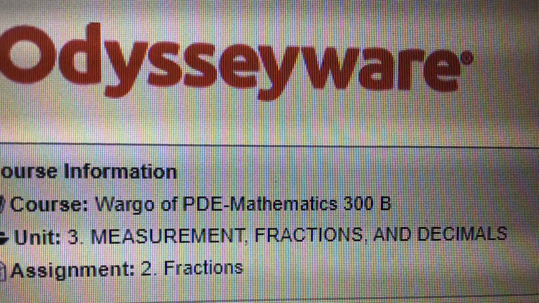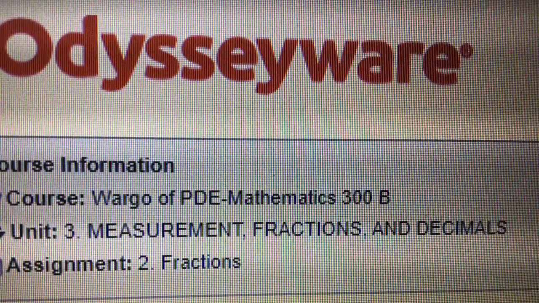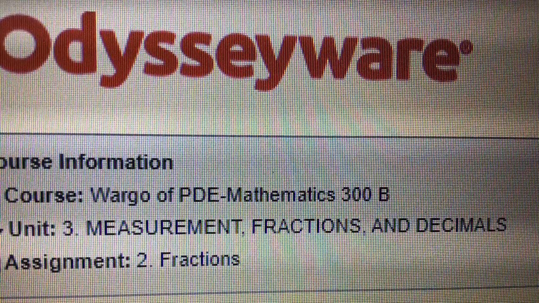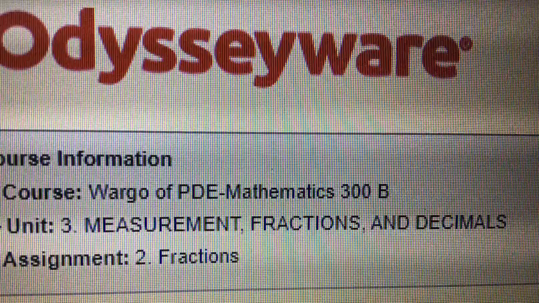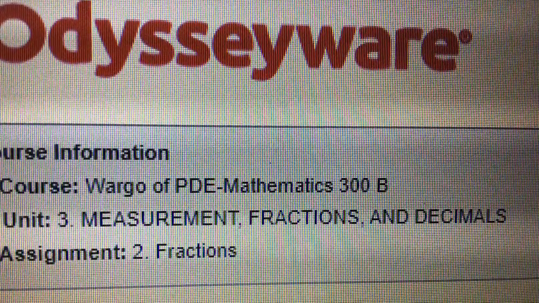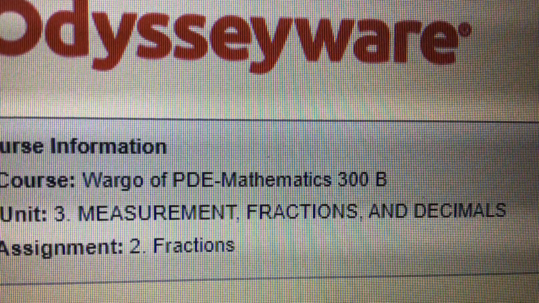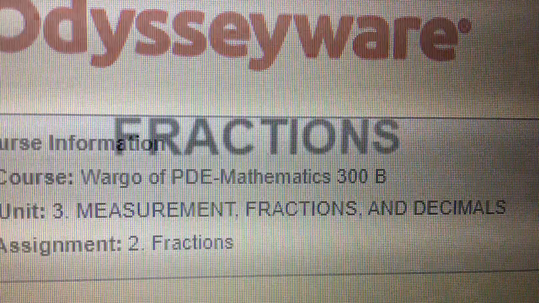Today in our Odysseyware program, we are on Unit 3, Measurement, Fractions, and Decimals. We are specifically on fractions. This lesson reviews fractions in both picture form and word form.